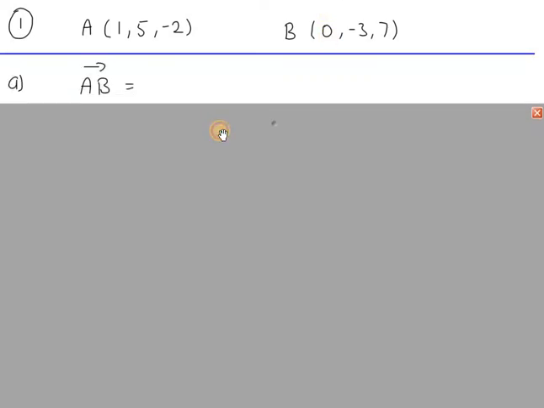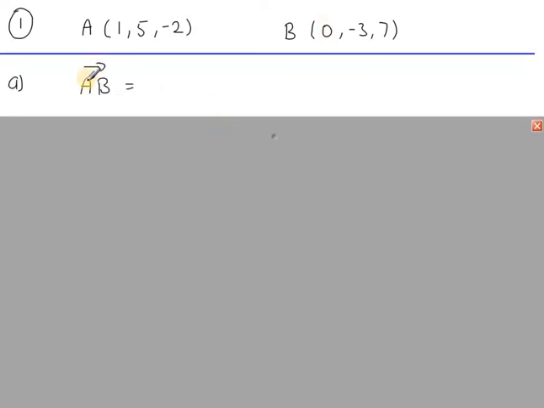Okay, so in this example we are given coordinates in 3 dimensions for points A and B. We want the vector that takes us from A to B. So we can do that in column vector form. From x equals 1 to x equals 0, that displacement would be minus 1.